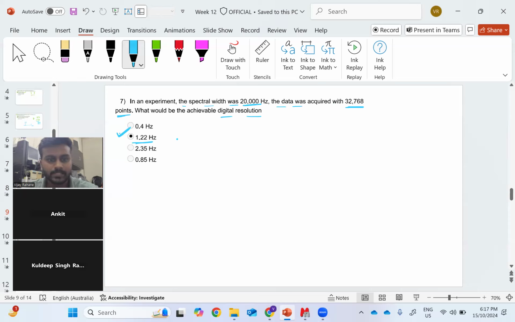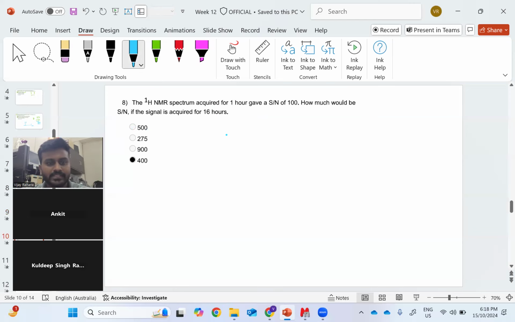There is a formula to calculate it, and it is already given in the text transcript, so you can look at the transcript for this week. There you will get the formula for how to calculate the achievable resolution.